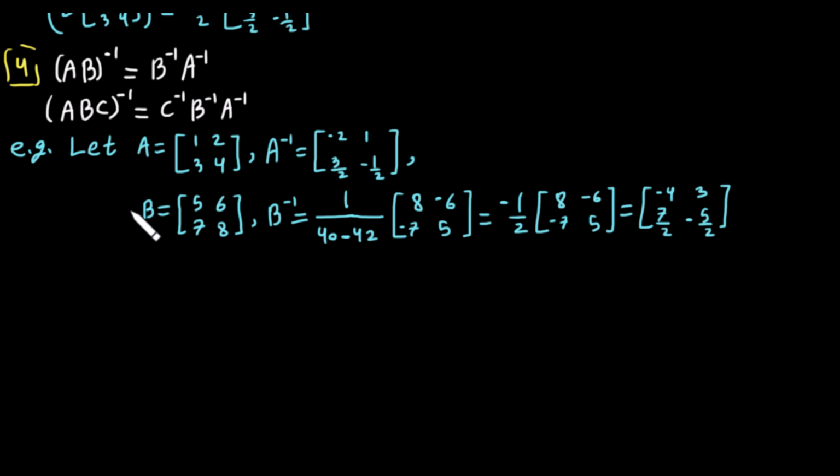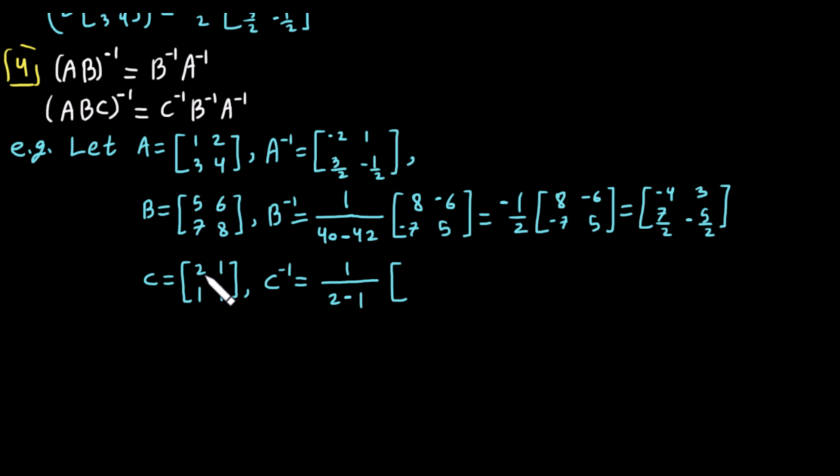Now let's consider also C: 2, 1, 1, 1. And of course, we will use the same formula. So here, 2 multiplied by 1, which is 2, minus 1 multiplied by 1, which is 1.